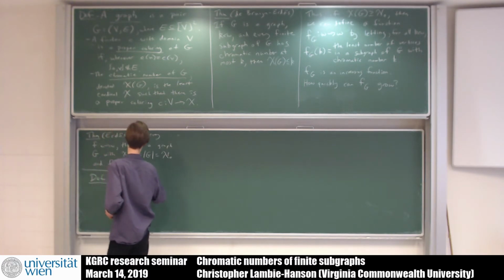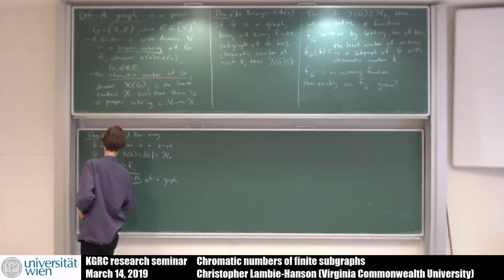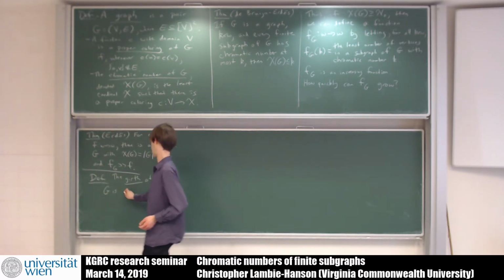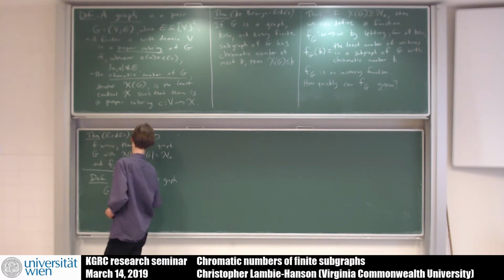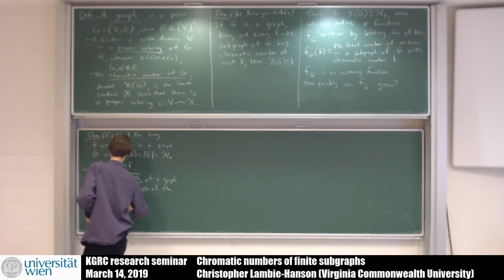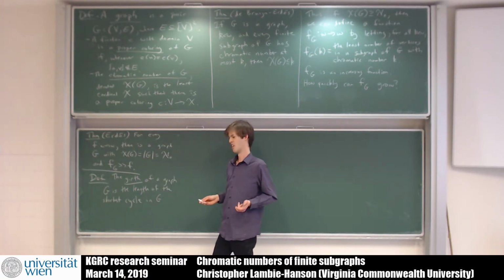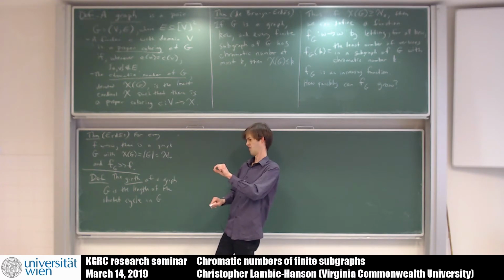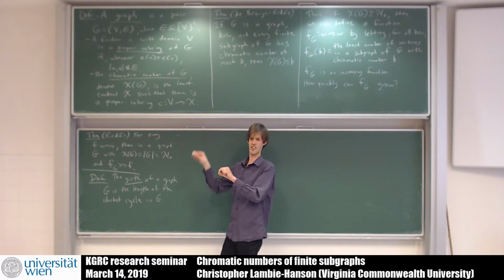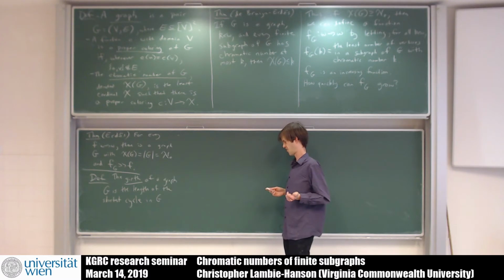The girth of a graph G is the length of the shortest cycle in G, if there is a cycle in G. So a cycle is just a sequence of edges that starts and ends in the same place and doesn't repeat any vertices in between, and has length at least 3.